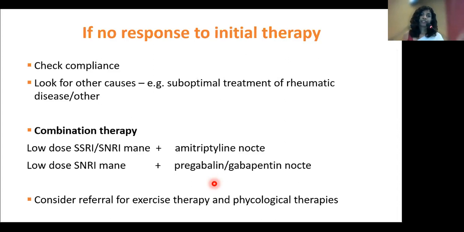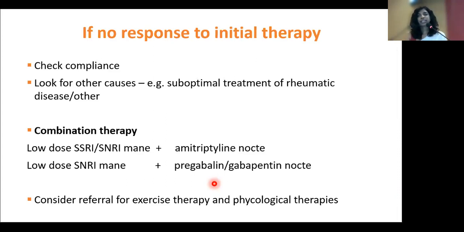So if the patient's already on amitriptyline, there is a place to add either an SSRI or an SNRI in the morning. Or else if they're on something like pregabalin at night, again, we can add a low-dose SNRI in the morning. And if they're not responding at all, we need to consider referring them for psychotherapies and getting the psychiatrist or the psychologist involved.